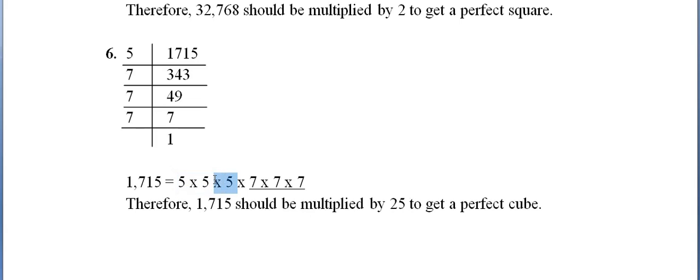Let me do it in red color. So if we multiply with 2 extra 5s, 5 into 5 is how much? 25. So hence 1715 should be multiplied by 25 to get a perfect cube.